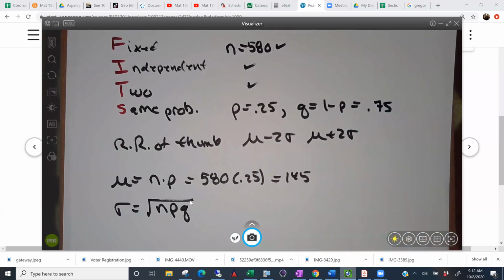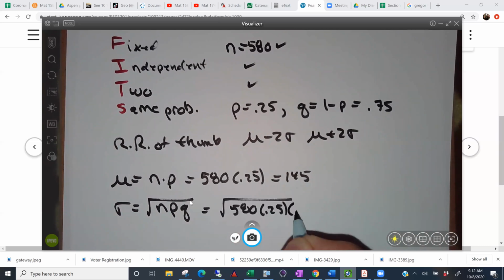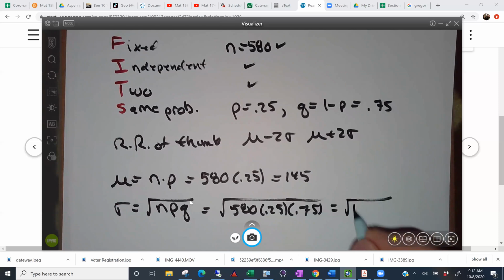So the square root of n times p times q, 580 times 0.25 times 0.75. So the square root of 108.75 is about 10.428.